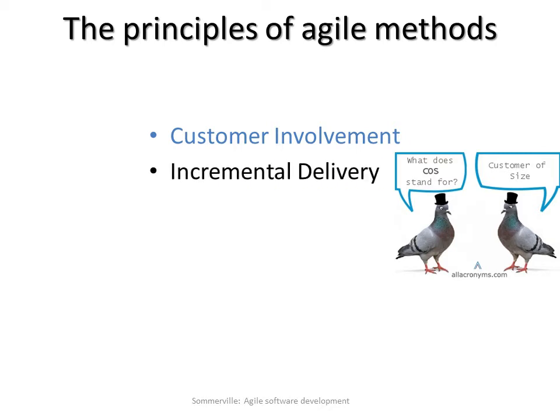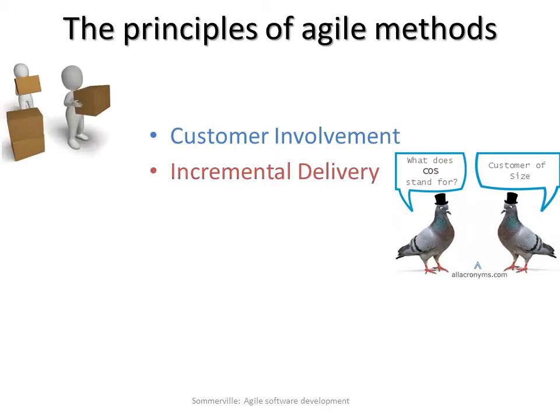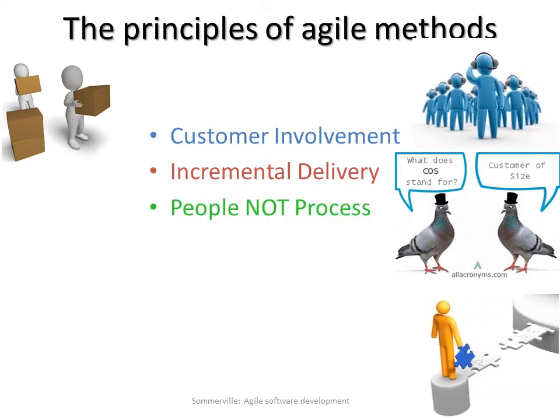Incremental delivery: the software is developed in increments, with the customer specifying the requirements to be included in each increment. People, not process: the skills of the development team should be recognised and exploited. Team members should be left to develop their own ways of working without prescriptive processes.